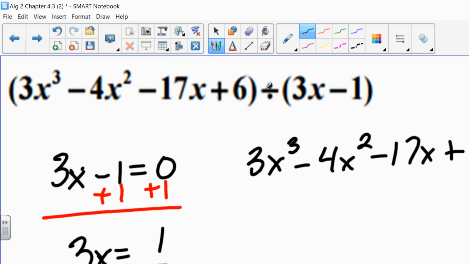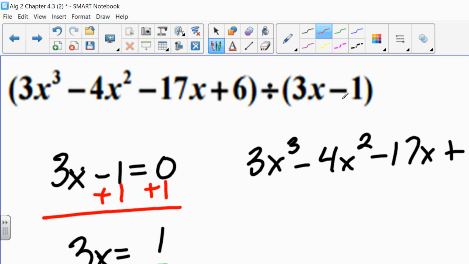If we looked at this with long division, we're not going to look at the whole thing, because 3x cubed minus 4x squared, and we have the rest of it, we're dividing it by 3x minus 1, yes?